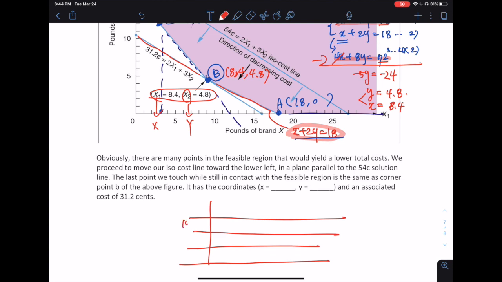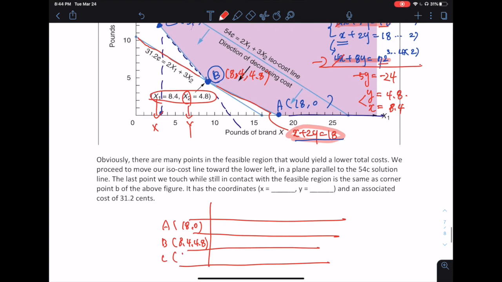As the final step, let's compare the cost for the three corner points. The first one is (18, 0), A. The second one is (8.4, 4.8). And the last one is (3, 12). What was the cost function? The cost function is 2x plus 3y. For A, if you plug in 2 times 18, you will get 36 cents as the cost.